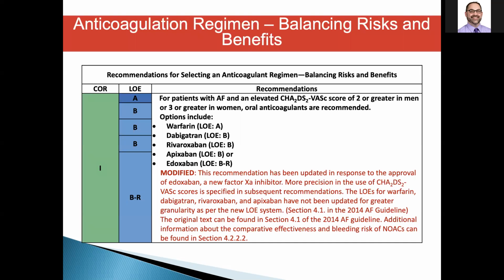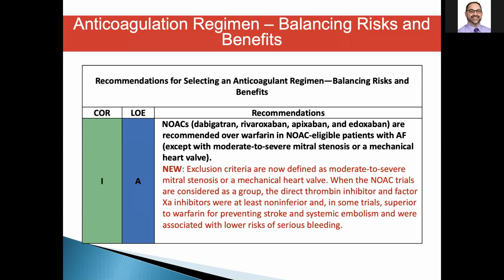This is just a slide showing that they've added all the oral direct anticoagulants as recommendations. This is the recommendation now that if the patient has moderate to severe mitral stenosis, I think I said regurgitation earlier, I apologize, or a mechanical heart valve, they should be utilizing warfarin.